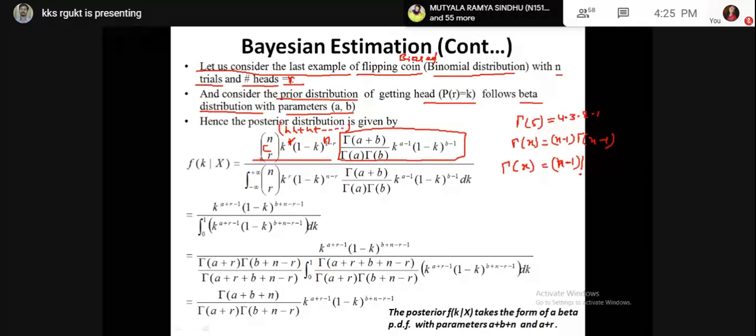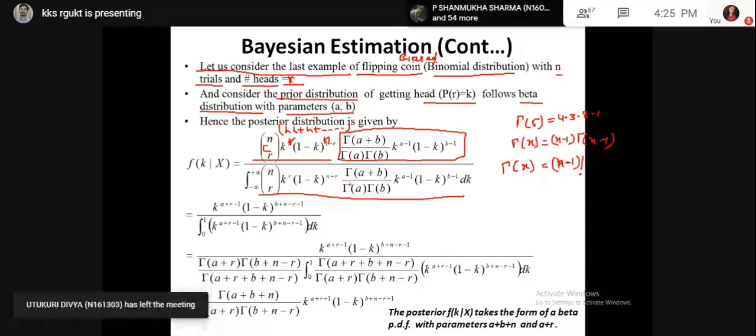So this is the likelihood function, this is the distribution of the prior, and the denominator is the marginal distribution, that is likelihood multiplied by prior, integrating from minus infinity to infinity with respect to the parameter k.